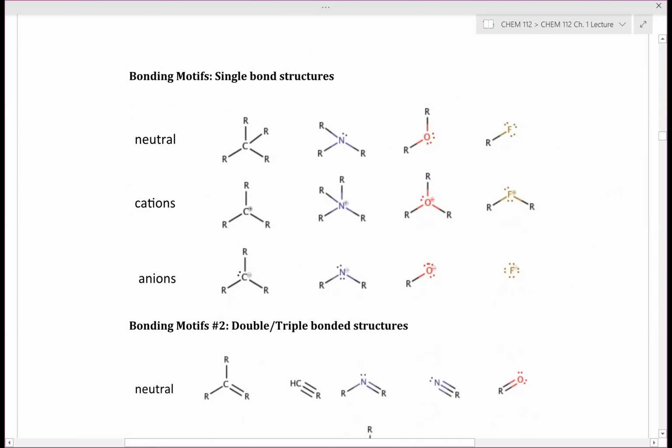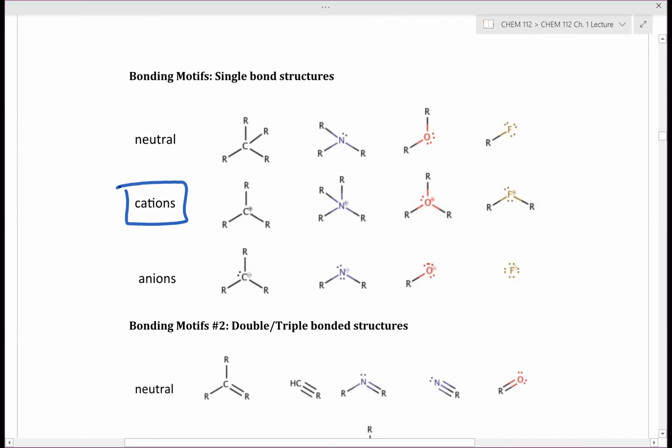These are all of our neutral bonding motifs. We've already seen these before, right? Carbon likes to form how many bonds? 4. Nitrogen, how many? 3. Oxygen, 2. Now, applying our formal charge rules, when we have a cation, the bonding preferences change slightly.